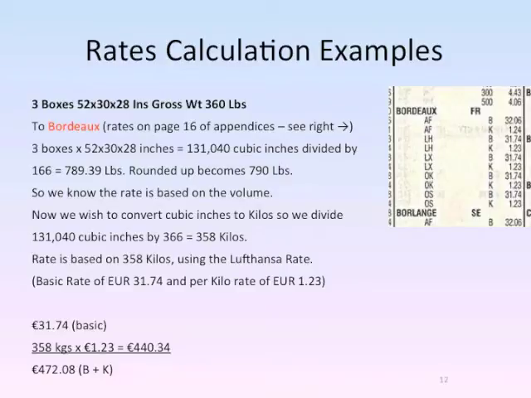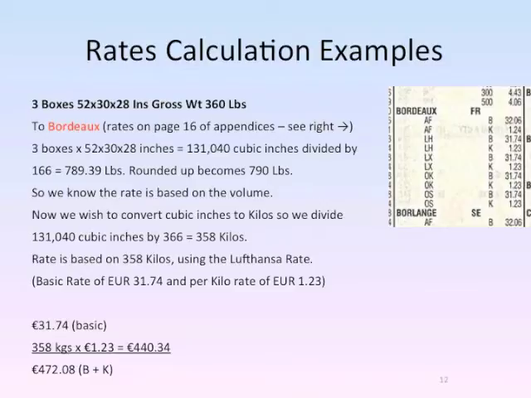So the rate is based on 358 kilos, and if we look to the right, we're using the Lufthansa rate, and we see there is a B, and that stands for a basic rate, and it is €31.74, and K stands for a per kilo rate of €1.23.